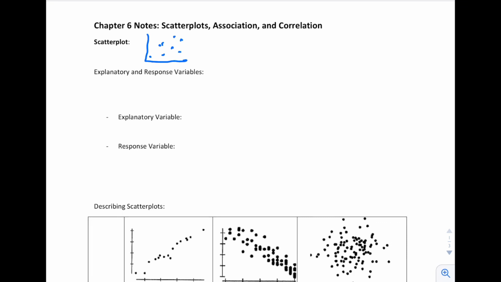So scatter plot, when we have two quantities, an x quantity and a y quantity, and they have a relationship with each other, and we can describe that using words like association and correlation. So this scatter plot is a graph that shows a relationship between two quantitative variables.